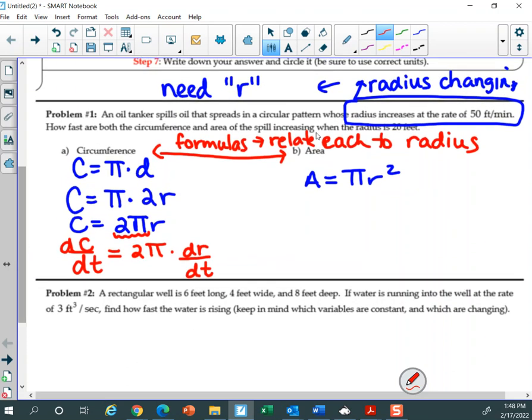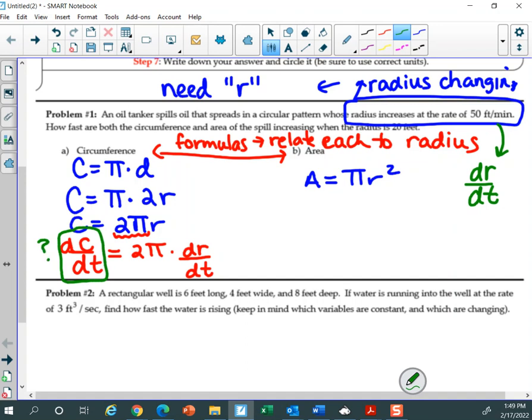Okay. This piece of information, measuring how the radius is changing, that's the value for dr/dt. The radius is getting bigger. It's increasing at a rate of 50 feet per minute. So if I look at my derivative equation, I want to calculate this.